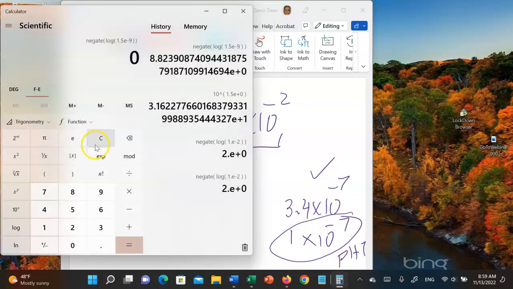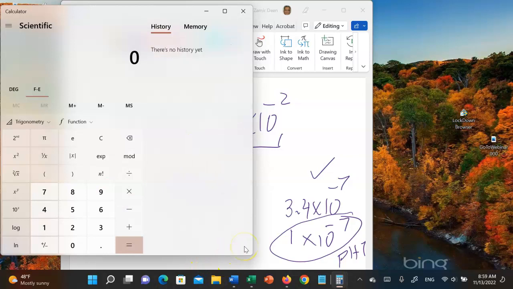Okay. So make sure that you clear all entries. You can clear the memory by dumping it in the trash bin. So we want to enter 1 times 10 to minus 7. Okay. So you go 1 exponent 7, flip the sign.